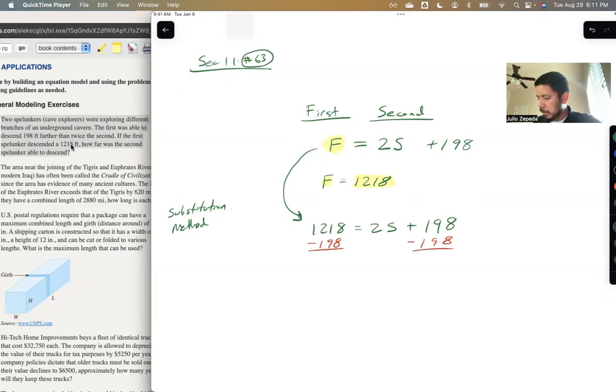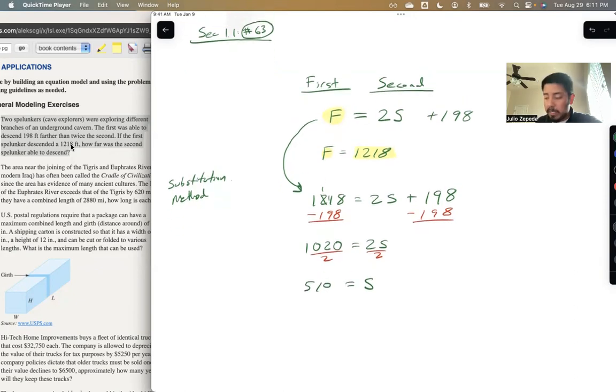So I get 2S, and let's do a little subtraction here. 11 minus 9 is 2, 1 minus 1 is 0, and 1. And then we can divide by 2 on both sides.